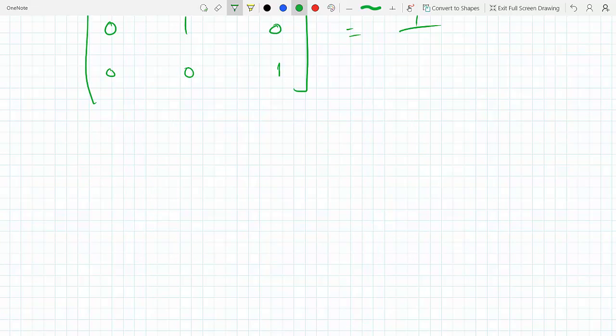So U will equal, this is our final answer here, minus 1 0 E, 0 minus 1 0, 0 0 1.